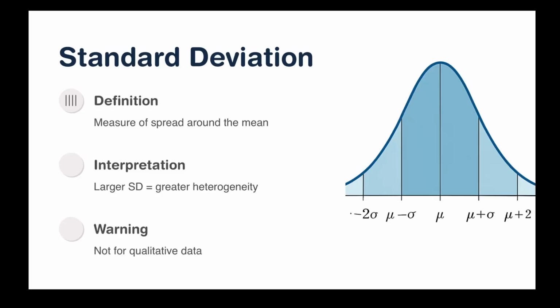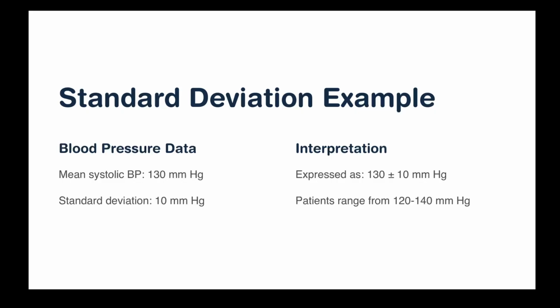Now coming to the standard deviation. Standard deviation is a measure of spread around the mean. So a larger standard deviation means greater heterogeneity. And it's not for qualitative data, it's only for quantitative data. So for example, in blood pressure data, mean systolic BP is 130 and standard deviation is 10 millimeters of mercury. How do you interpret it?